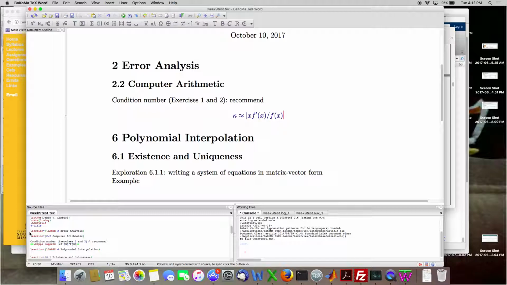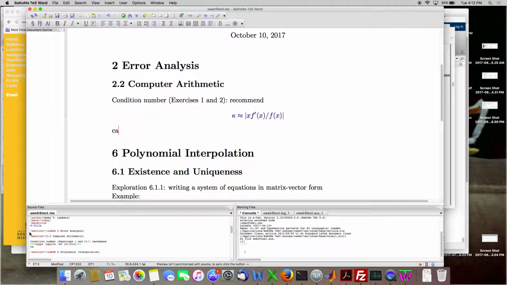So this method of estimating the condition number could also use this. It would work anyway. Could also use the definition, just the difference in forward error divided by difference in backward error. But I think it'd be cleaner if you use this form.